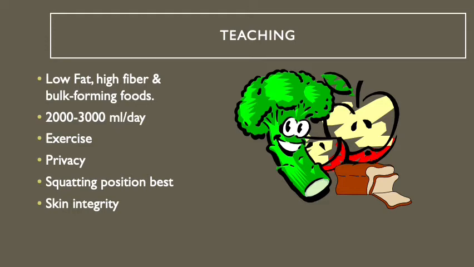All right, some teaching. What would we teach a person? To eat high fiber and bulk forming foods, and low fat. Well, particularly with the presence of constipation, that would be appropriate teaching. Bulk forming food may be good to pull in water for a person with loose stools too, so it's not just for constipation.